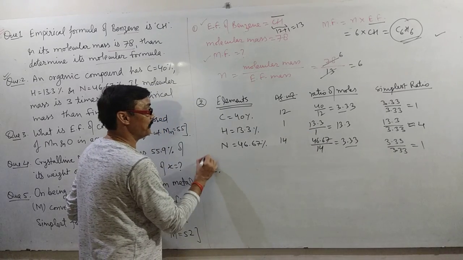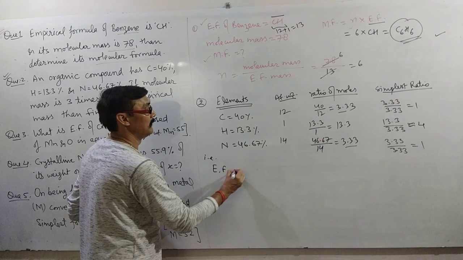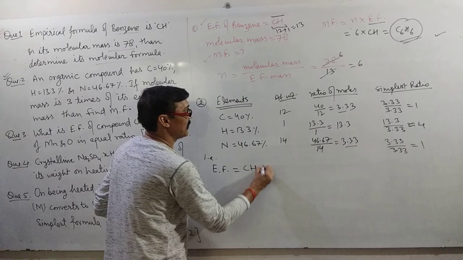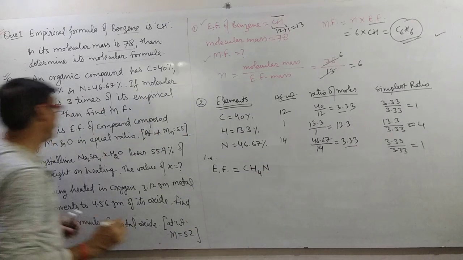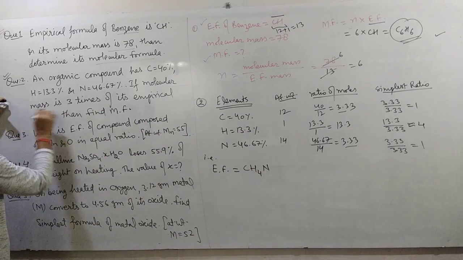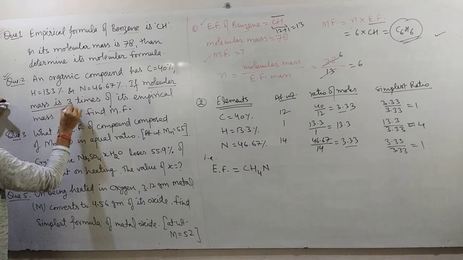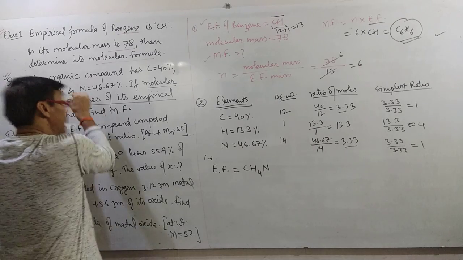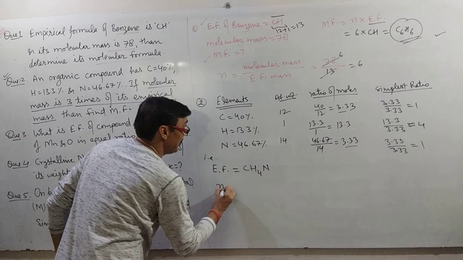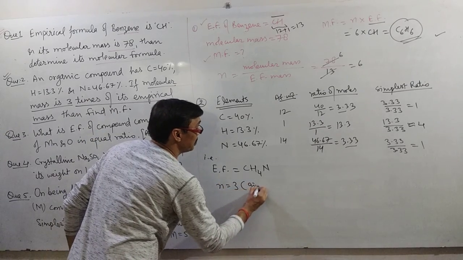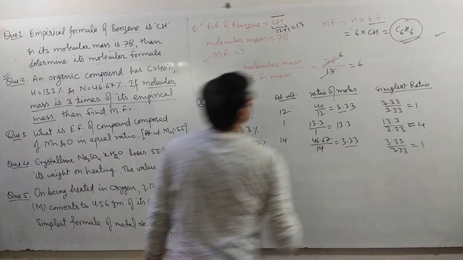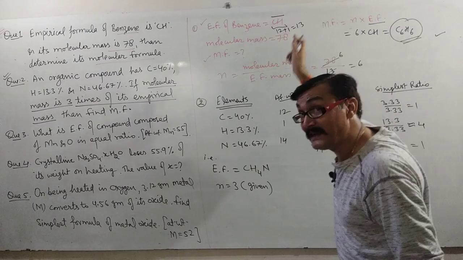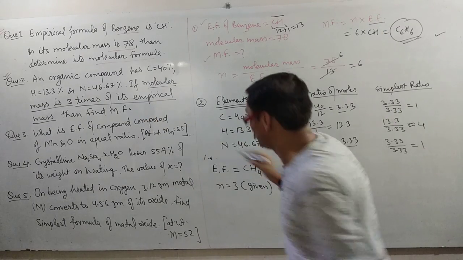That is, the empirical formula of the compound will be CH4N. But according to the question, the molecular mass is 3 times its empirical mass. That is, n is 3, it is given, because the molar mass is n times, that is 3 times.